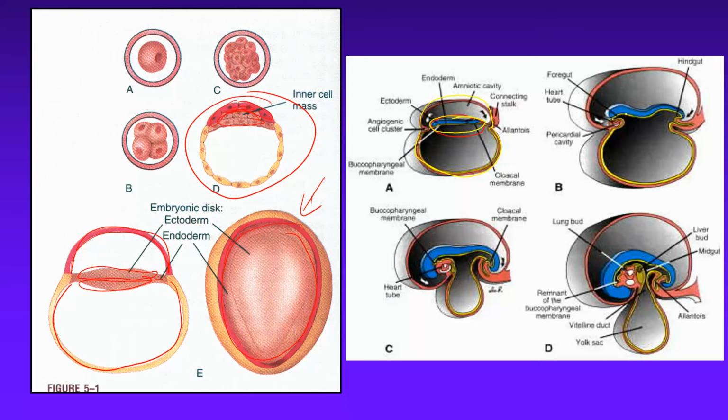As you see continued development, that amniotic cavity gets bigger while the yolk sac starts to get smaller. Eventually, the amniotic cavity is surrounding the embryo that's developing, and the yolk sac is shrinking up. You can start to see the gut and the organs developing in here from the endoderm. So that's what you're seeing there as the embryo in development. That helps.